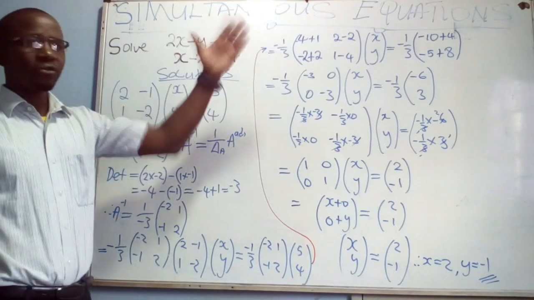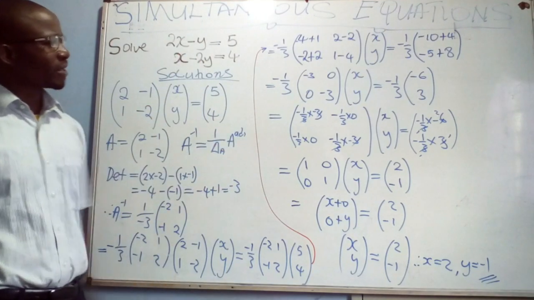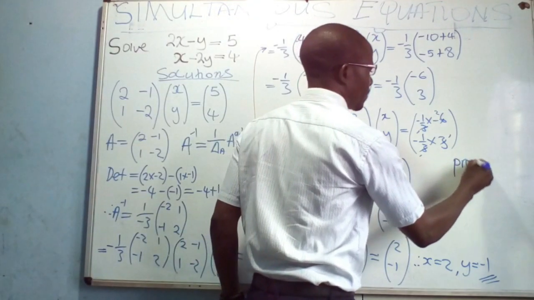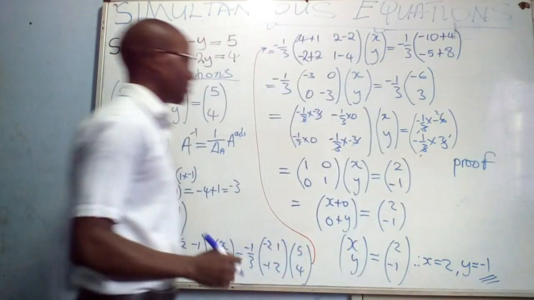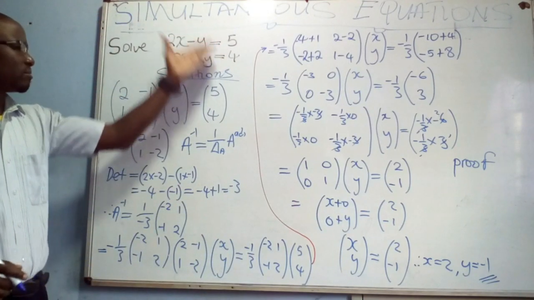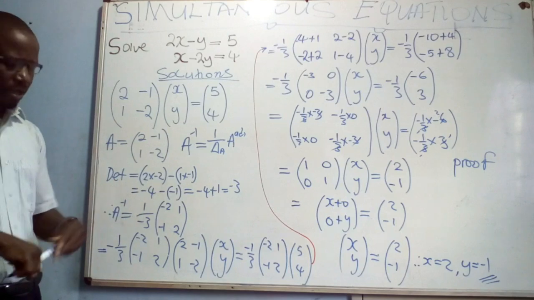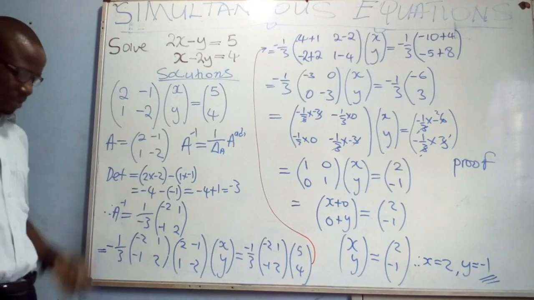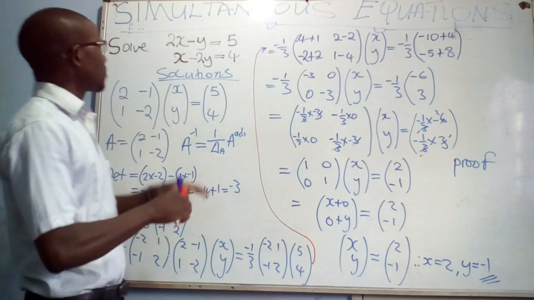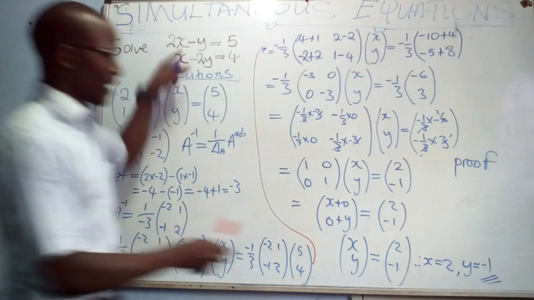You can do a proof to just be sure that what I've been doing is correct. You pick one of these equations, anyone, or if you want, you can start with the first one, then go to the second one. Let me start with the first one. 2x, x is equal to 2.